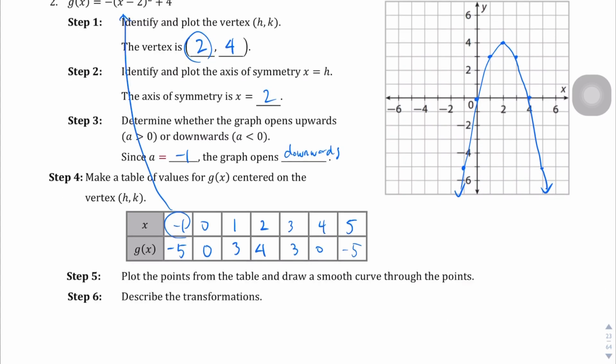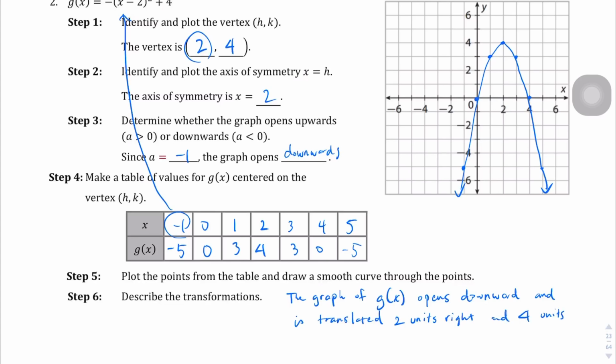Well, the graph of g of x opens downward and is translated 2 units right and 4 units up.